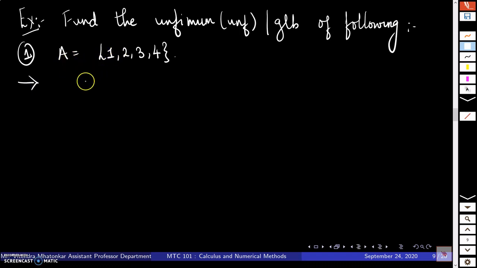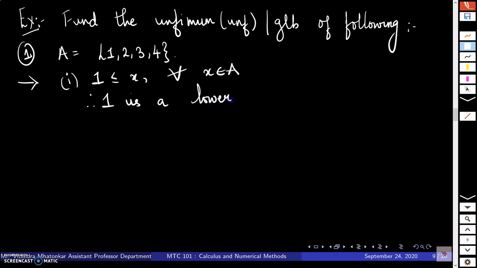So 1 is a lower bound because 1 is less than or equal to every element. So 1 is less than or equal to x for every x in A, and therefore 1 is a lower bound of A. Okay, so that's clear. Now what do I have to prove?